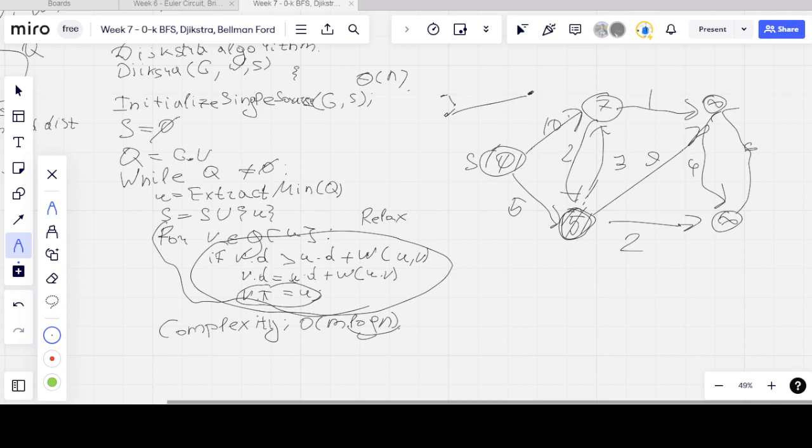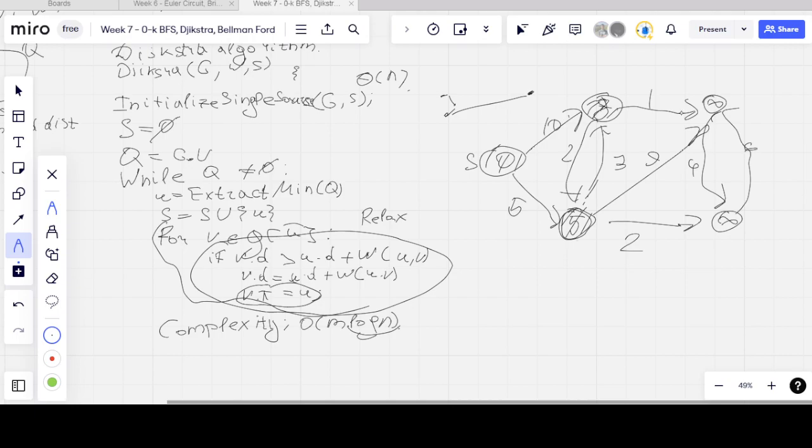After it equals 8, we extract the minimum again, this vertex, and mark it as visited, and so on.